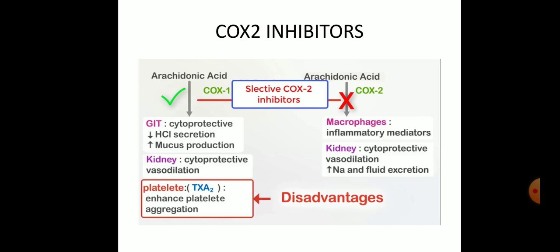So nowadays these COX-2 inhibitors are not preferred, and are used only in selected patients. When you use COX-2 inhibitors, the balance between thromboxane A2 and prostaglandin I2 shifts more towards thromboxane A2, and a thrombotic state occurs. So nowadays selective COX-2 inhibitors are not generally used. They are preferred only in selected cases.